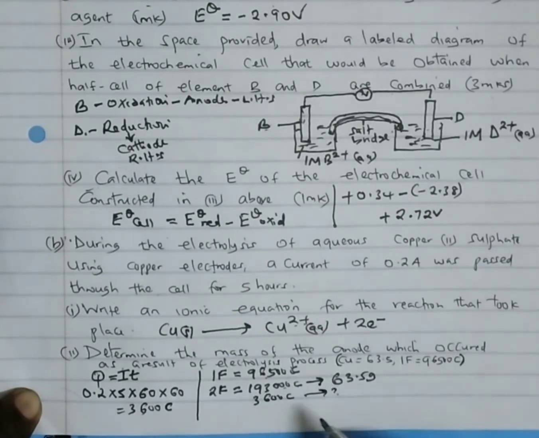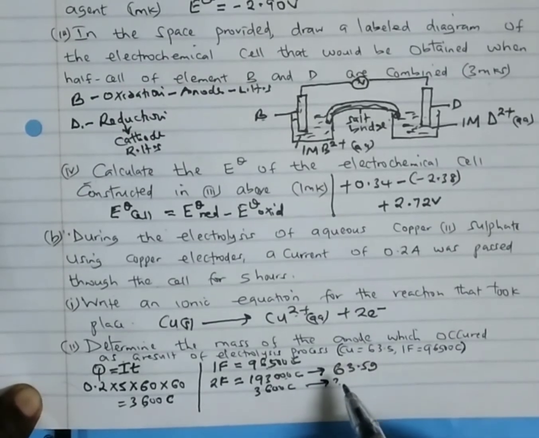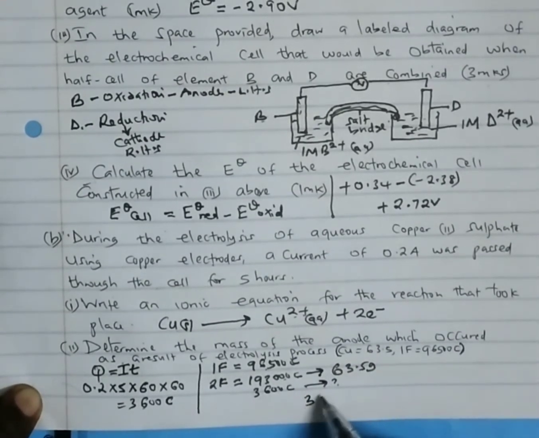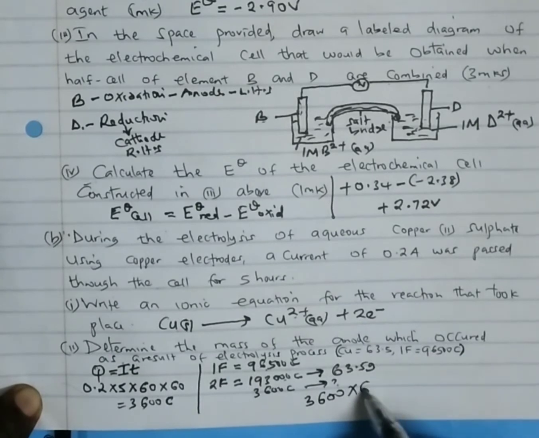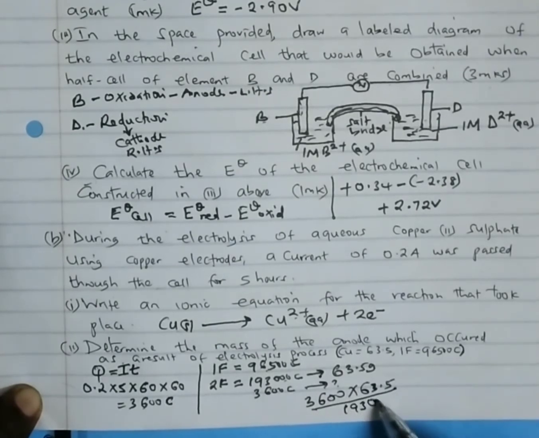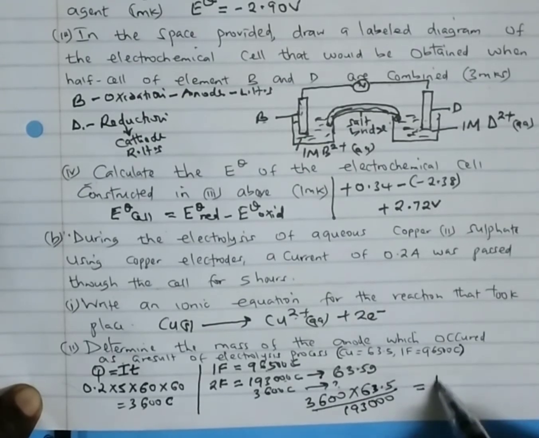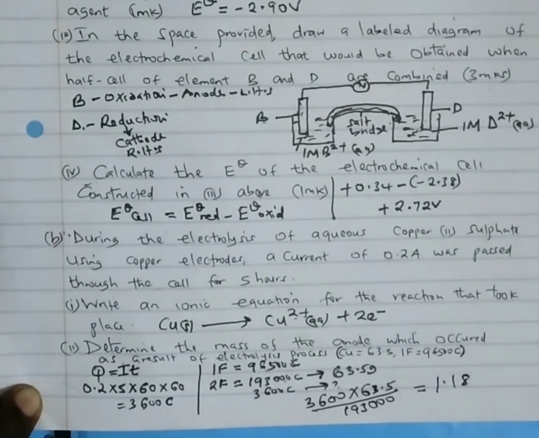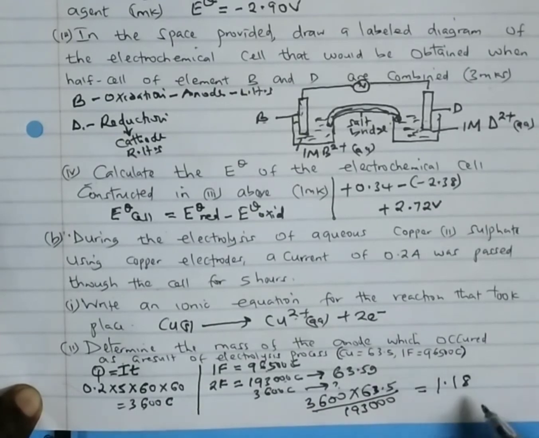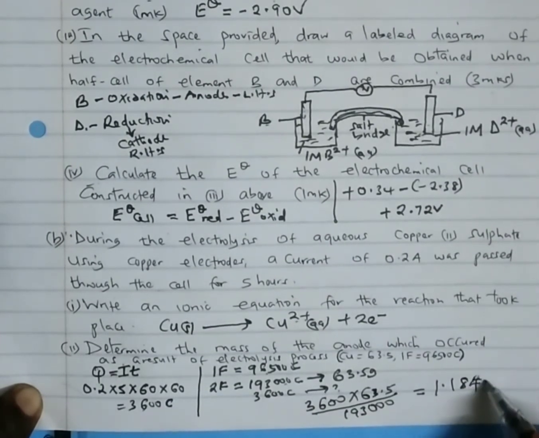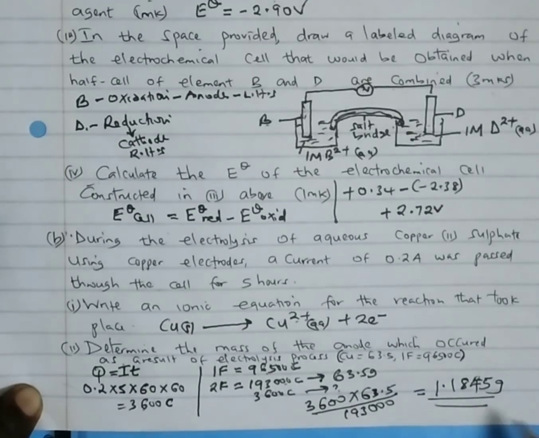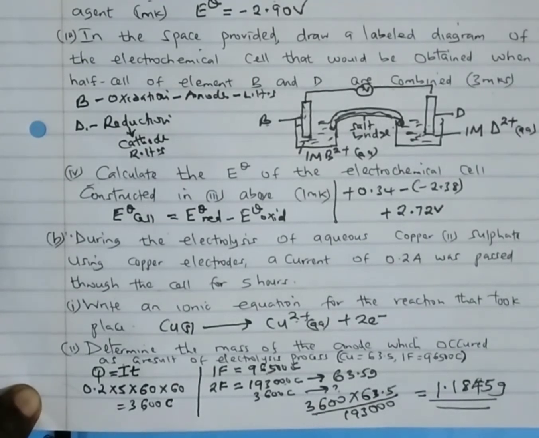If you cross multiply, we are going to have 3,600, we multiply by 63.5, everything divided by 193,000, and this one is going to give us 1.1845 grams as the answer to this particular question.